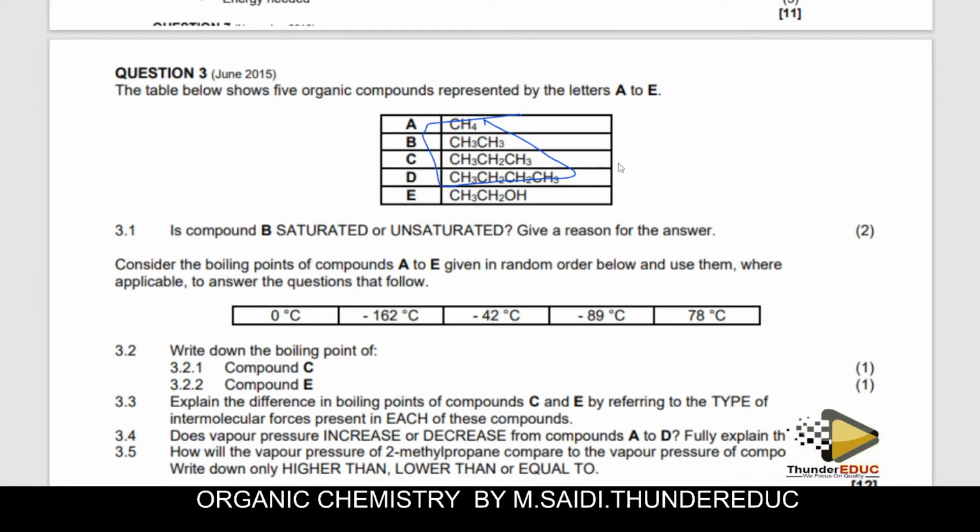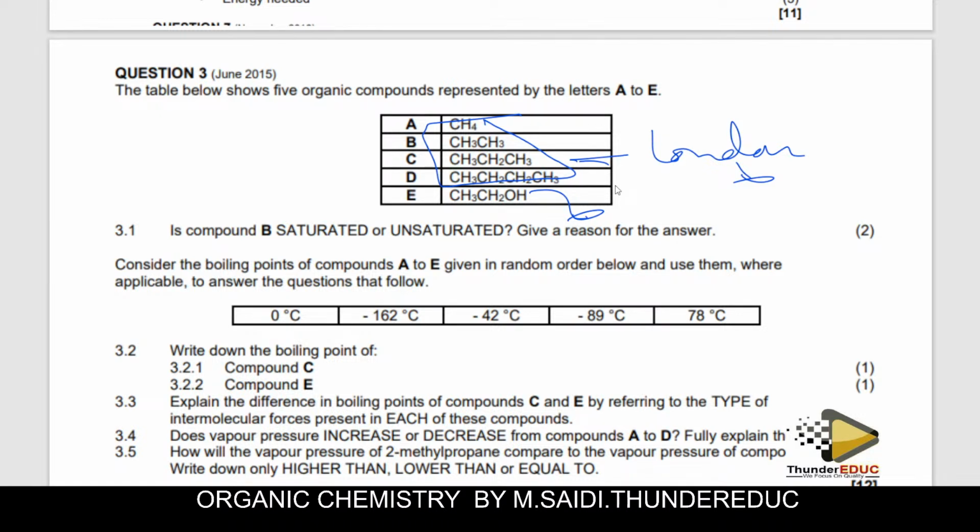They are four. They have London force. But London force increases with the number of carbon atoms. Therefore, this one will have the highest among these. But this one will have more because, however much it has a low number of carbon atoms, it has dipole force and hydrogen bond.